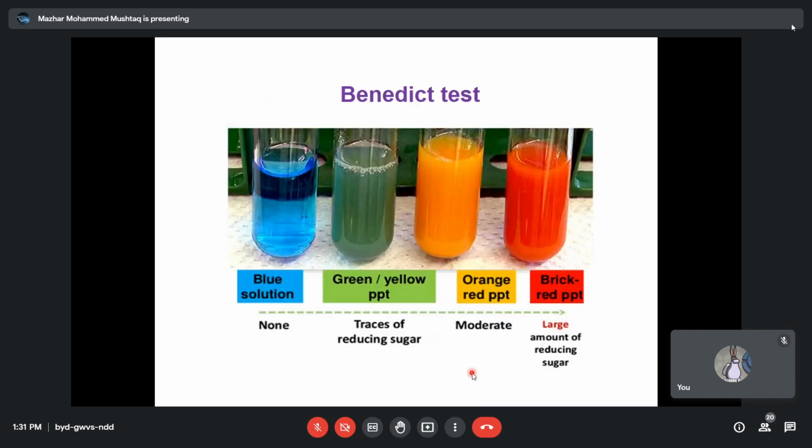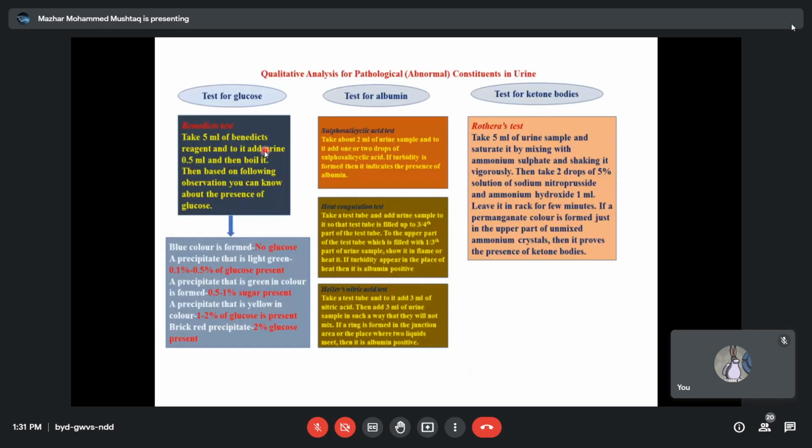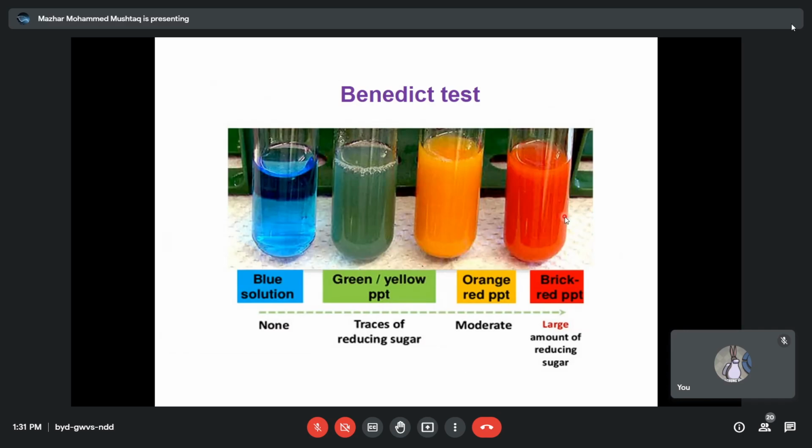So this is an example of the Benedict test that we spoke about here. If you are performing the test and the end result is a blue solution, that means there is no glucose present in the urine.